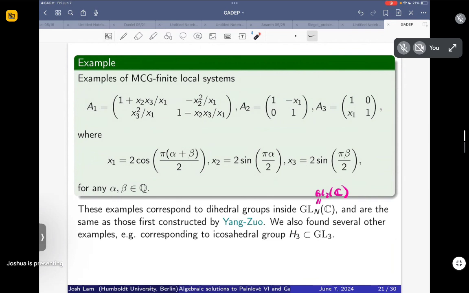Our theorem gives a constraint on what these algebraic solutions are, but you also have to fully classify them. You have to get your hands dirty and see what's going on. We also found a bunch of other examples, like ones corresponding to the icosahedral group, and so on. This example has to do with the monodromy of the Gauss hypergeometric function, or not really.